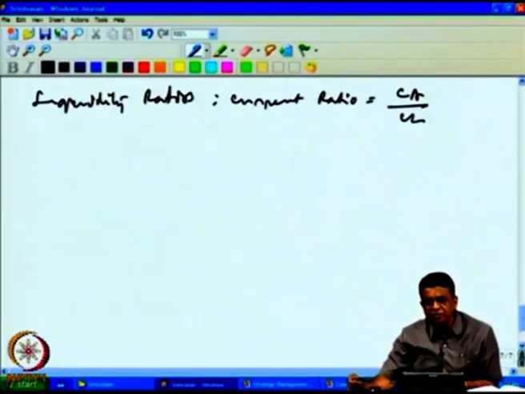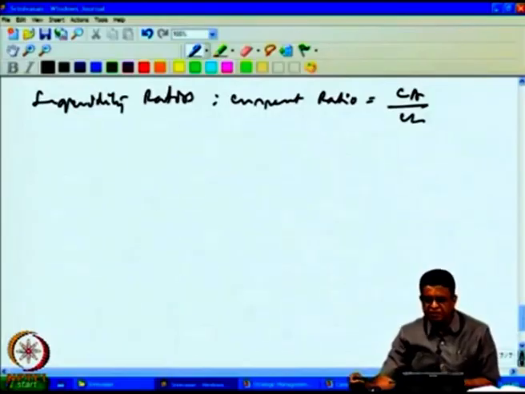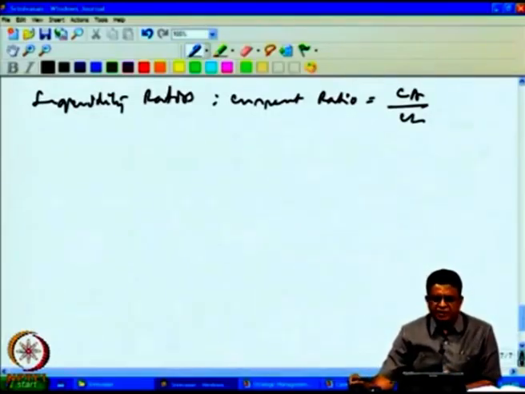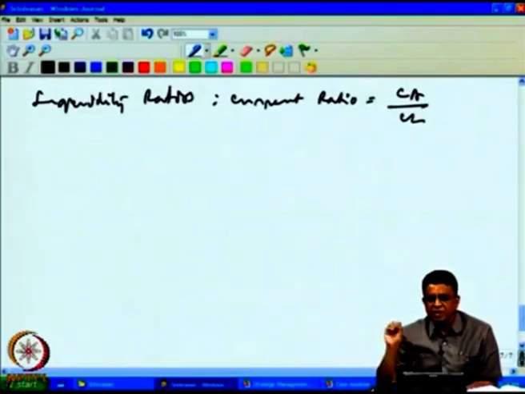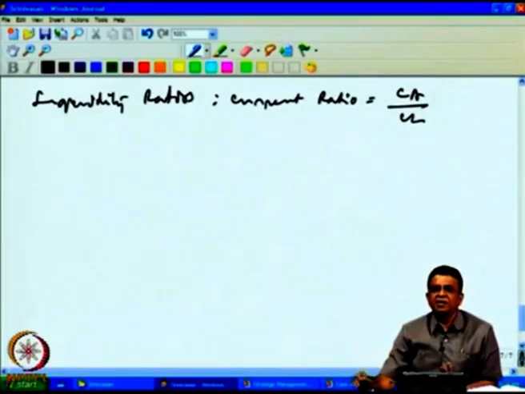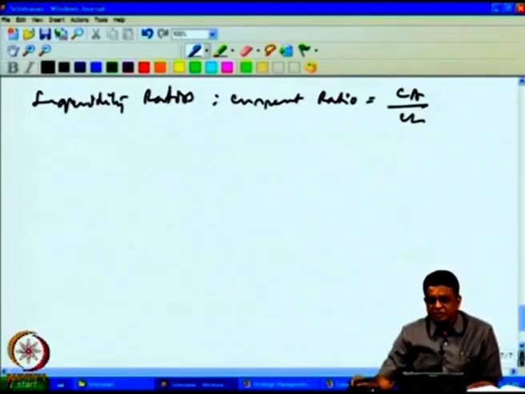Translated into mundane terms, what does it mean? Suppose your current assets are rupees 200 and your current liabilities are rupees 100. What does that mean? Your current assets can take care of your current liabilities by a margin of 2:1. So, your current assets are always higher than the current liabilities.